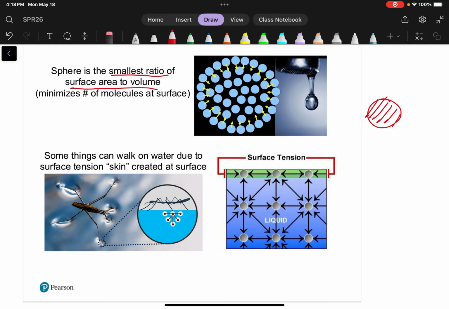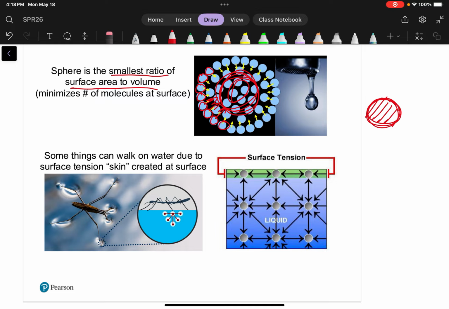So all of these water molecules can align themselves so that they're minimizing the surface area, maximizing intermolecular interactions with the rest of the solution inside the sphere. And that allows it to retain that spherical shape, which is really favorable. So that's why you'll see water forming those droplets in zero gravity.